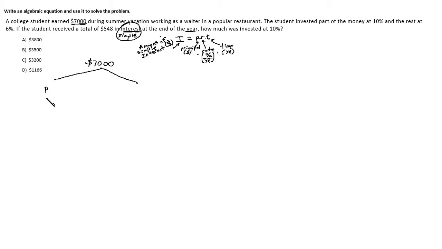This branch is going to be the 10% per year branch. Then he has the rest of his money that he's going to put into some other investment that's also calculated under PRT, where the rate of return for the second part of his investment is 6% per year.